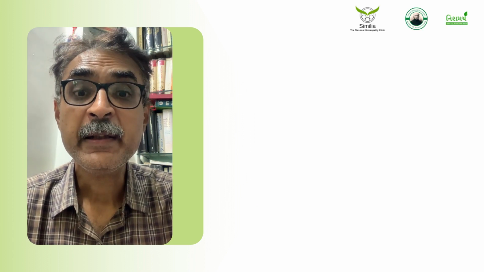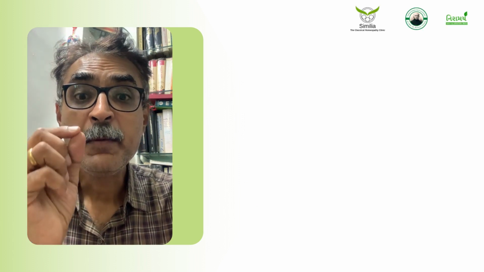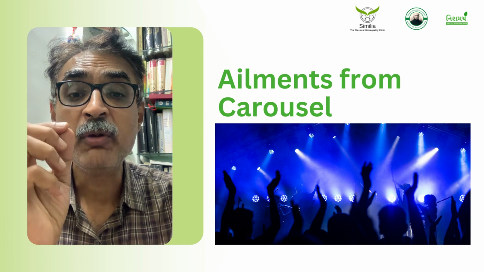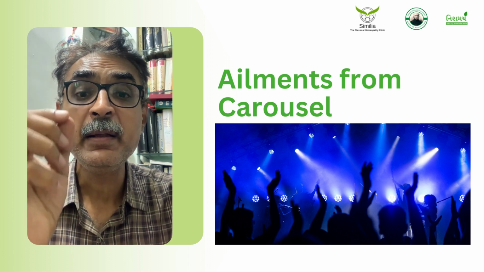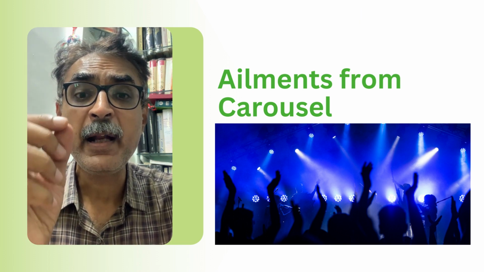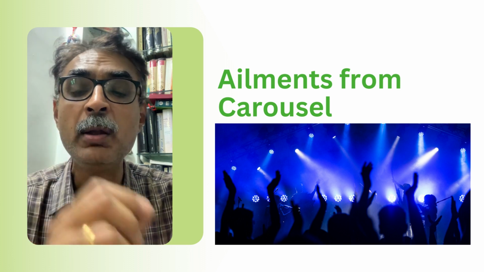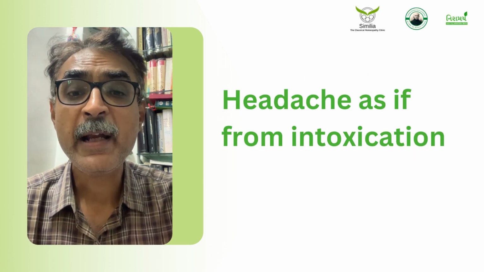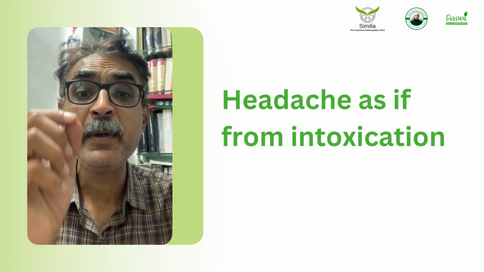And interestingly, another very important ailment from creosote is that after a carousal, meaning partying in a noisy environment and taking a lot of alcohol. So the textbook also writes headache as if from intoxication.